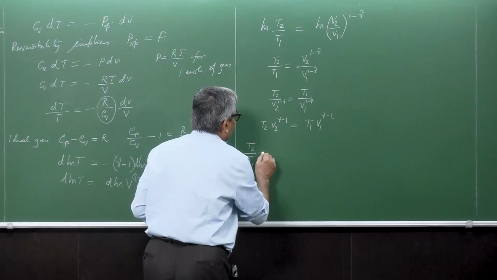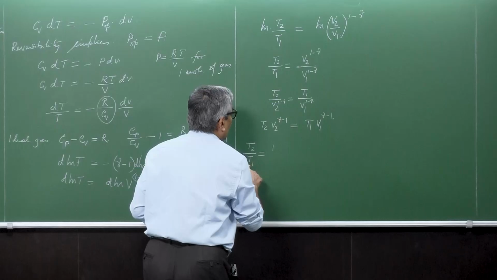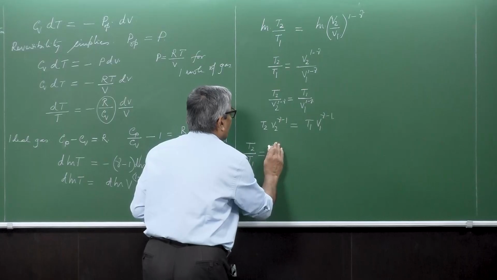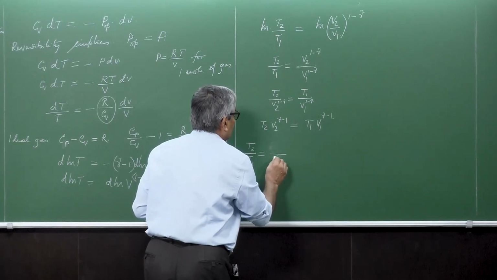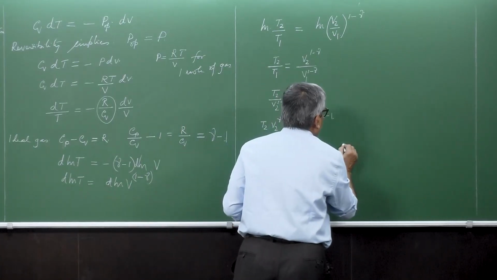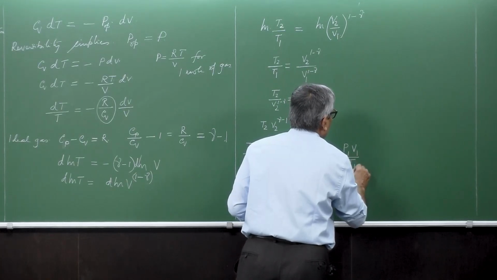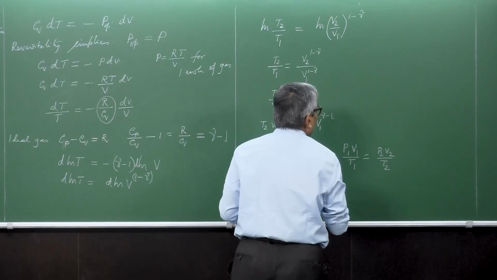For the ideal gas, P1 V1 by T1 equal to P2 V2 by T2, the R cancels out.